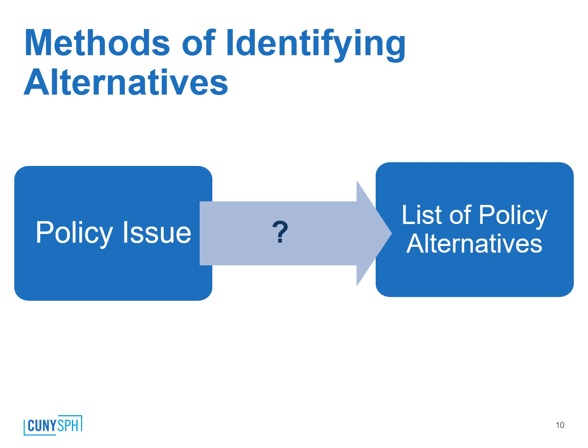So how do we get from a policy issue to a list of policy alternatives? The transition in the middle is often the hardest part for analysts at first because it requires balancing creativity, evidence, and practicality. So think of this as a bridge.